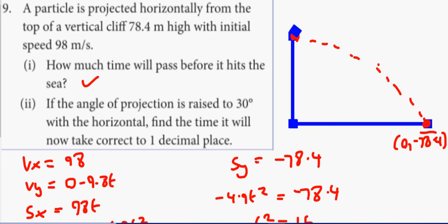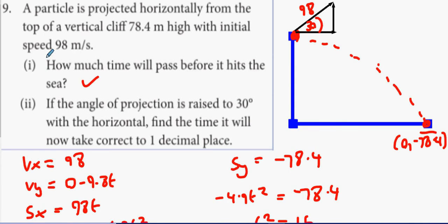And we're going to fire it up this way here. Now, what you're going to have to do is use basic trigonometry to change your Px and Py values initially. So here's what you're going to do. You're going to make yourself a triangle. It's going to be 30 degrees here. And the hypotenuse is going to be 98.